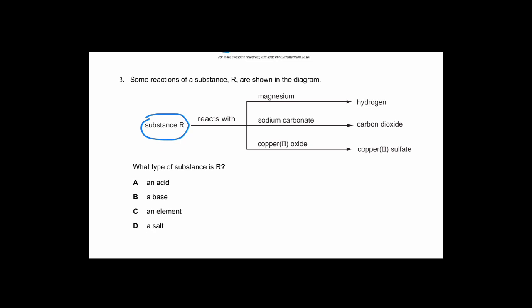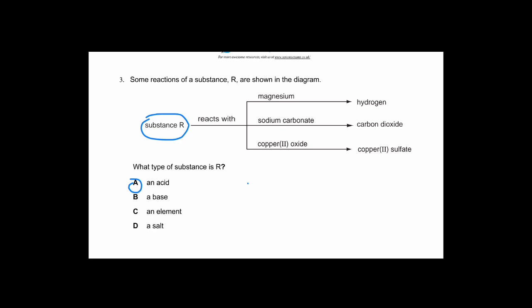Acids also react with metal carbonates to form carbon dioxide as one of the products. Acids also react with metal oxides to form salts. Therefore, here the only answer which has qualified is A. This substance must be an acid.